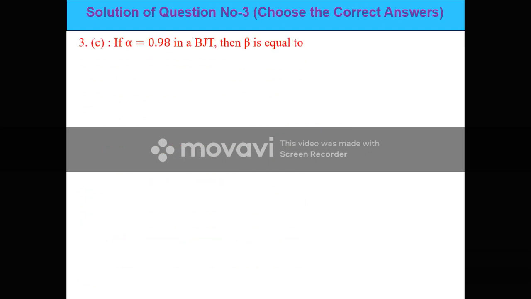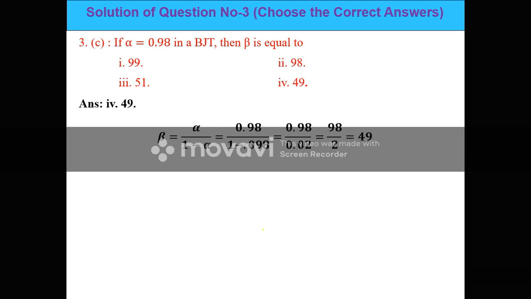If alpha equals 0.98 in a BJT, then beta is equal to 99, 98, 51, 49. So the answer will be 49. Let's see how it comes. We know the formula beta equals alpha by 1 minus alpha. The alpha value is 0.98, it is given.